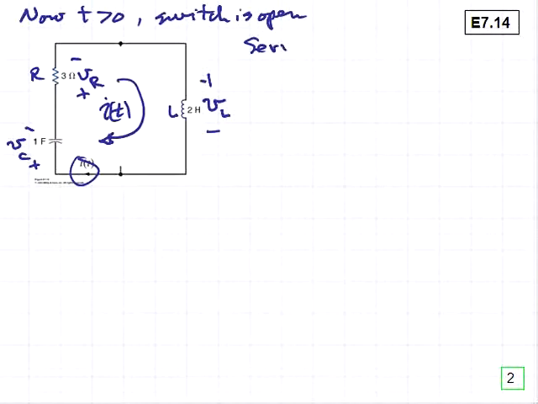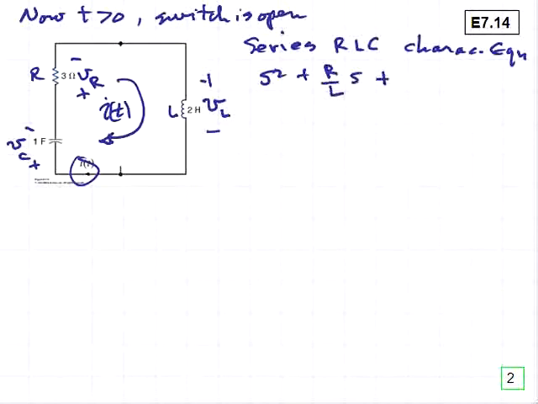So we have a series RLC characteristic equation of the form S squared plus R over L S plus 1 over LC is equal to 0. The R over L ratio for this circuit is equal to 3 ohms divided by 2 henries, and that's equal to 1.5.